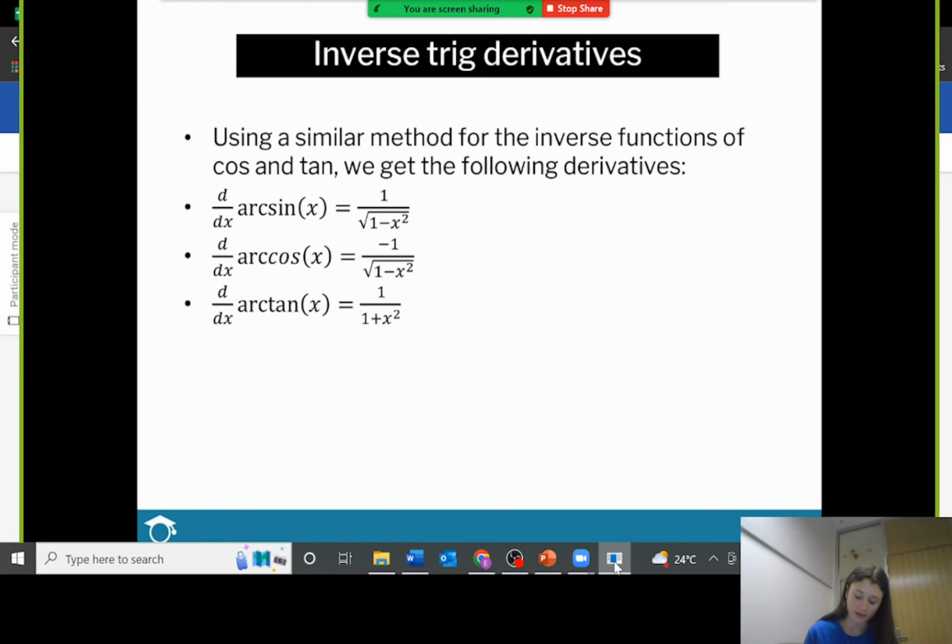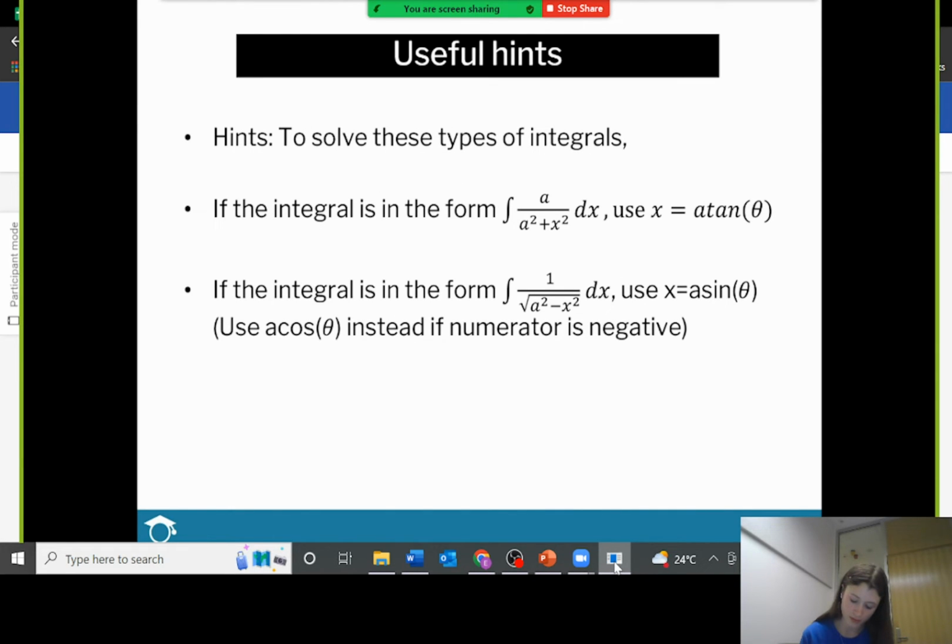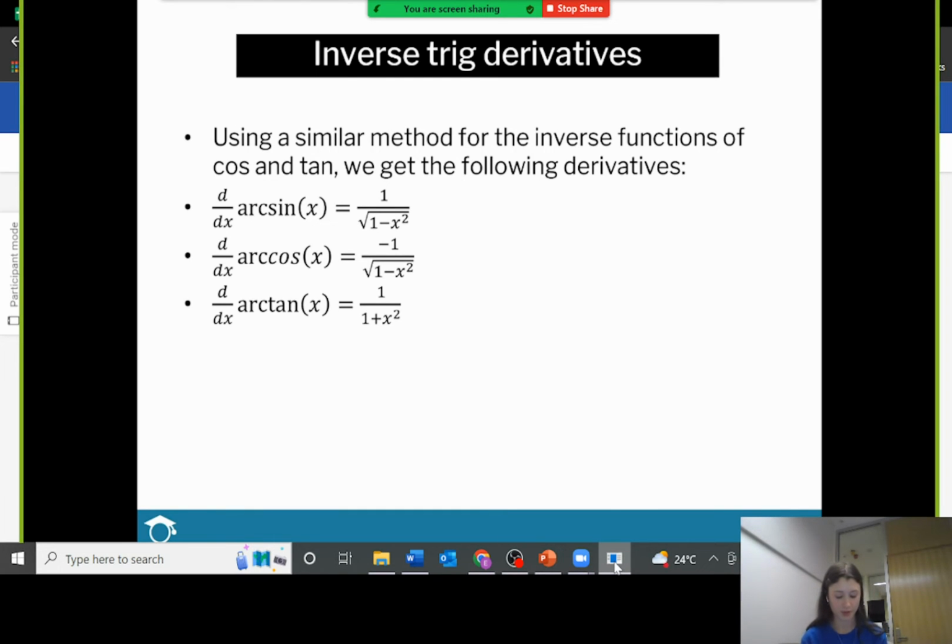The only thing I would practice specifically with these is where you have to use linear substitution, because instead of integrating 1 on root 1 take x squared, it might be 1 take 3x squared, or it might even be a whole linear function within the squared. I would practice those.